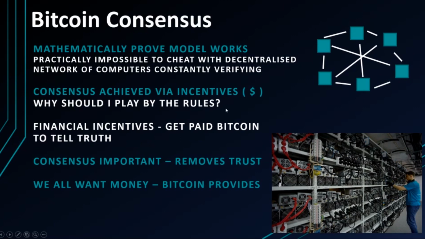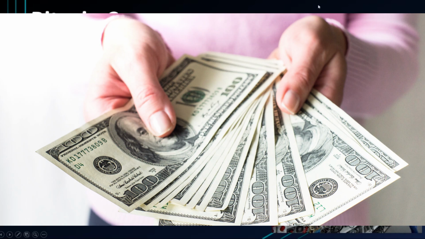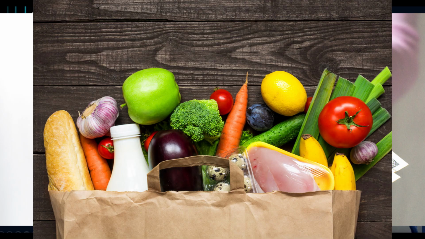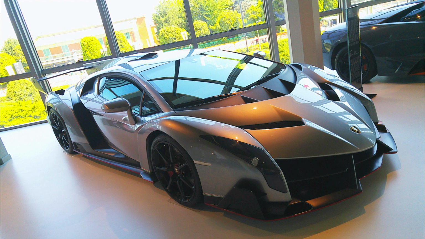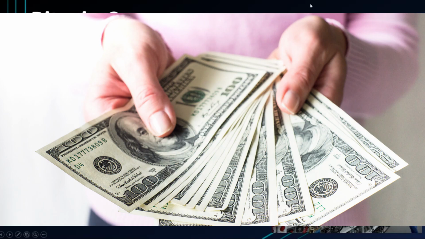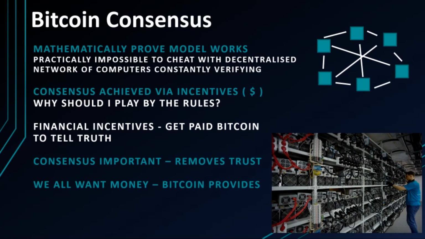That's the beautiful thing about Bitcoin: it does provide a financial incentive, and it unites the world, because one of the most unifying things for all people in the world is money. We all want money. We all need money to survive, to pay bills, pay for groceries, to buy nice things, to buy fancy cars. Everyone needs money to survive. Everyone wants it. And Bitcoin provides that, and unites the world that way.